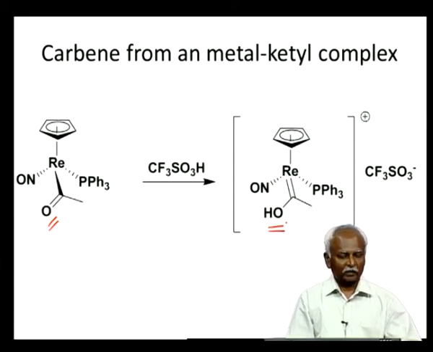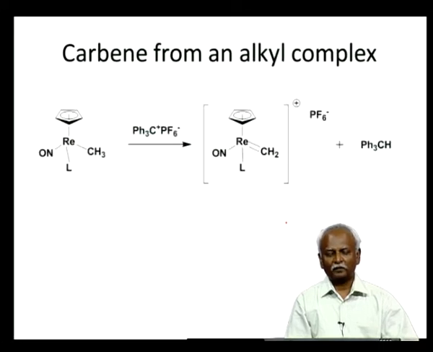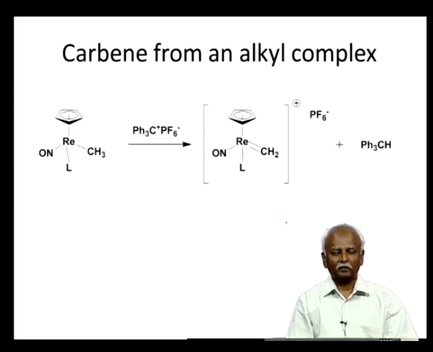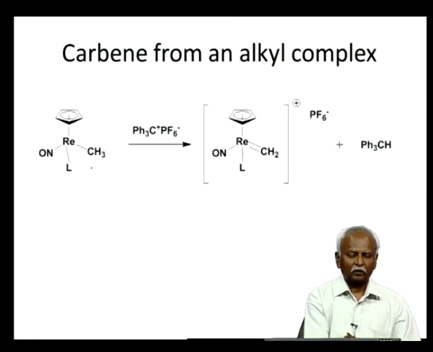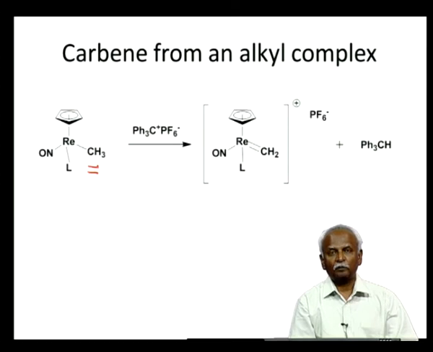So, we can also have another system where we can deprotonate using a base. In the previous instance, we used an acid to protonate and generate a carbene center. Here, we are going to take an alkyl group which is attached to rhenium, and this alkyl moiety has a hydrogen atom on the carbon adjacent to the metal, and these hydrogens are mildly acidic.